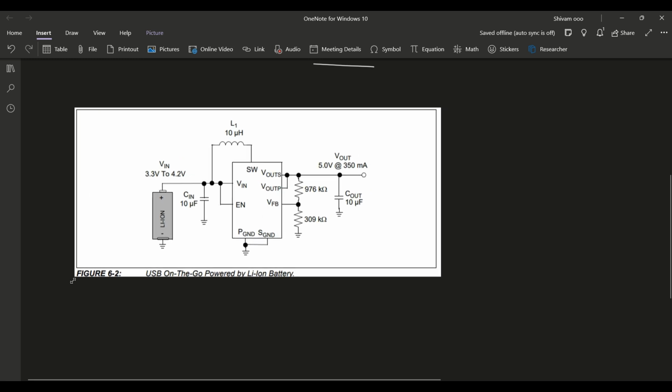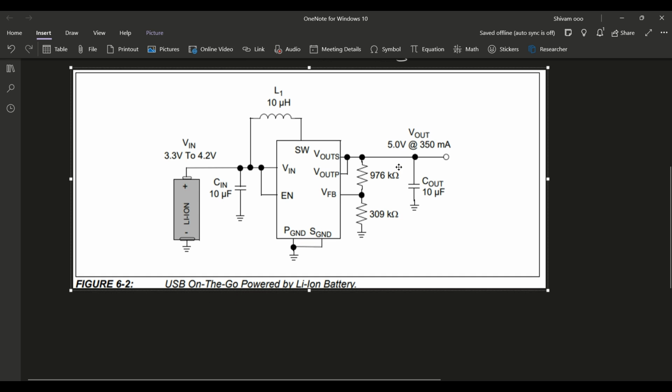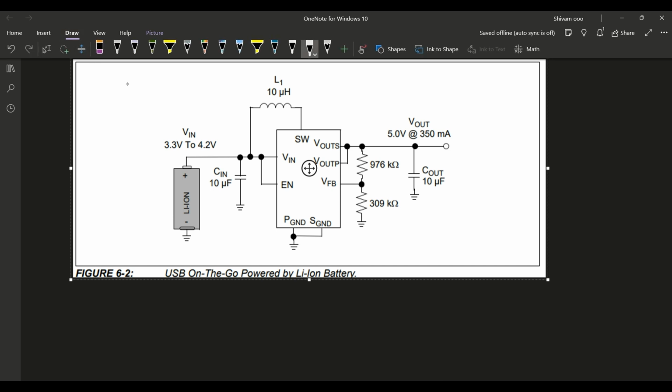Here there is one lithium ion cell, and from there we want to increase its voltage to a higher level, like 5 volt, because many parts of my circuit will be running at 5 volt. Suppose I want to turn on a relay, or a motor or LED, that might need 5 volt.